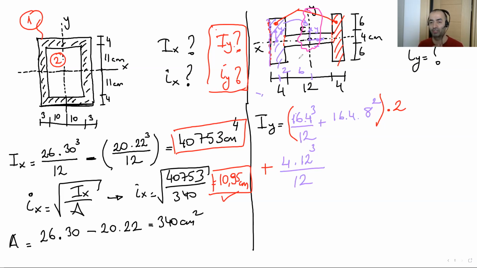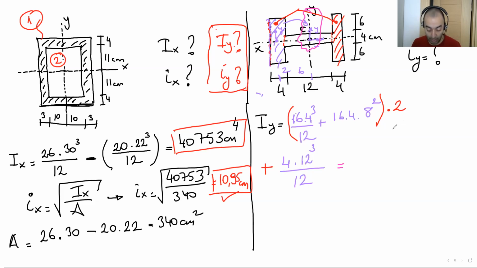If I'd like to transfer the moment of inertia, the distance is 0, so I can't shift anything. So this moment of inertia calculated for the web, for the local axis, is at the same time the moment of inertia for the global axis system. We don't shift or transfer anything, and then we do this calculation.